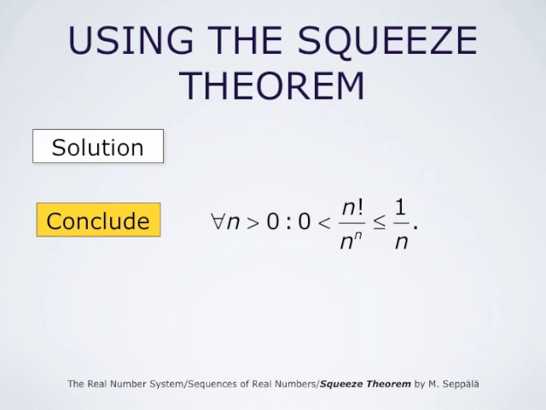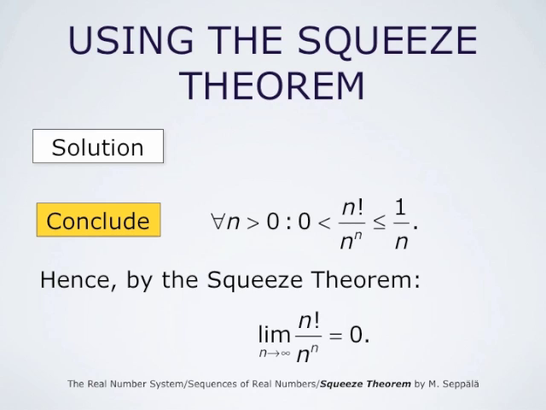So the lower and the upper limits for the terms n factorial divided by n to the power n have both the limit 0, and therefore we conclude by the Squeeze theorem that n factorial divided by n to the power n approaches 0 as n goes to the infinity.